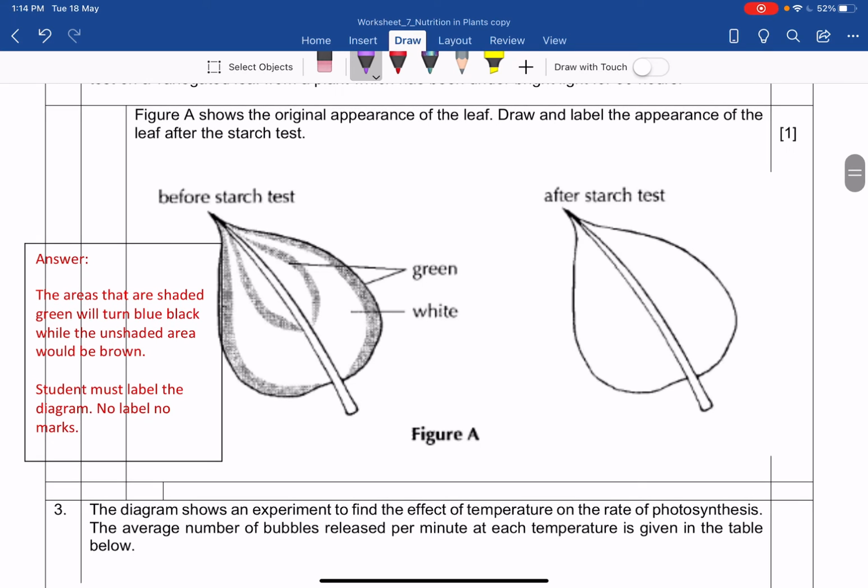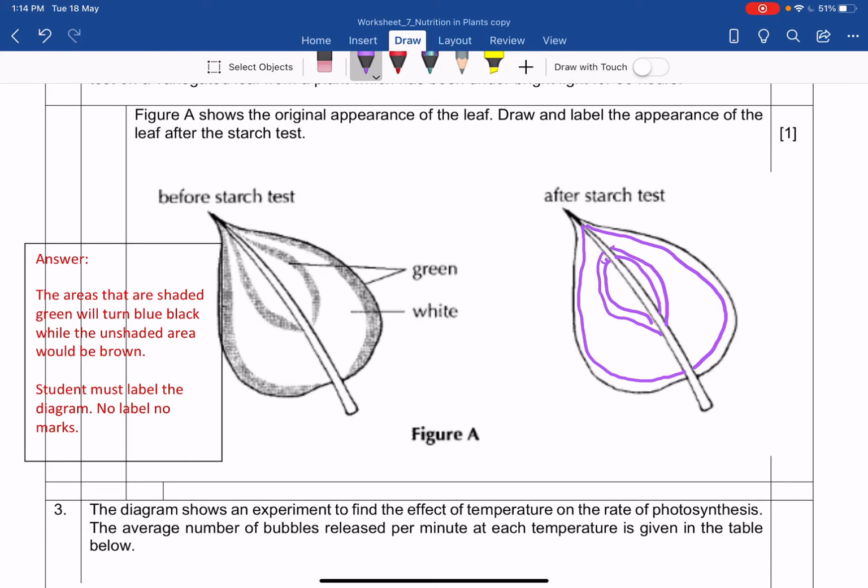Now in question 2 you can see this leaf, and you should, as proportionately as possible, identify the areas that will turn iodine solution blue-black and the areas that stay brown.